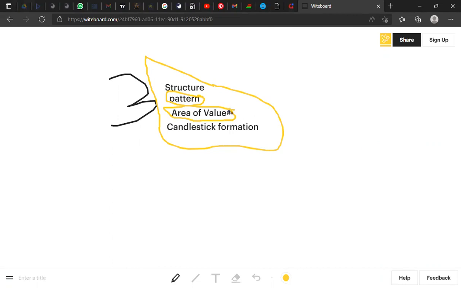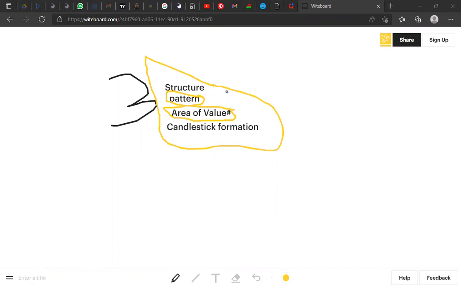These are price areas in the charts where markets play around and find sensitivity. Then that's area of value. Then candlestick formation. These are more of Babypips. Don't worry, I will talk about Babypips close to the end of the video.